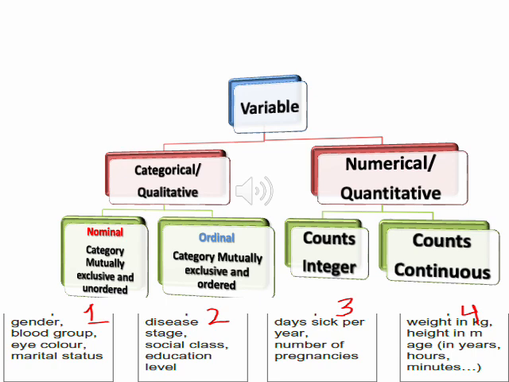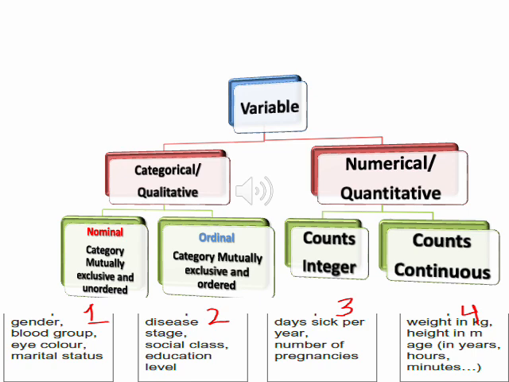The nominal variables are variables where the categories are mutually exclusive and unordered, while in the ordinal variables we have mutually exclusive categories but they are ordered. Gender, blood group, eye color or marital status are examples of nominal variables, where they are unordered but mutually exclusive.